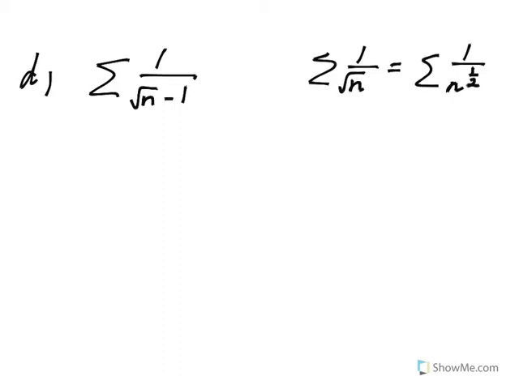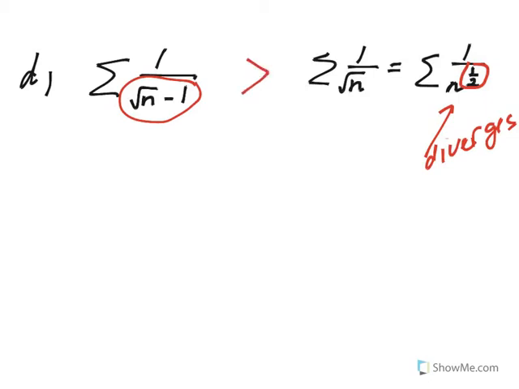In a p-series, when your exponent is less than 1, then you say it diverges. Now let's compare these two. 1 over square root of n, but here on the bottom you're not adding 1, you're subtracting 1. So the whole fraction is going to be greater than 1 over square root of n.